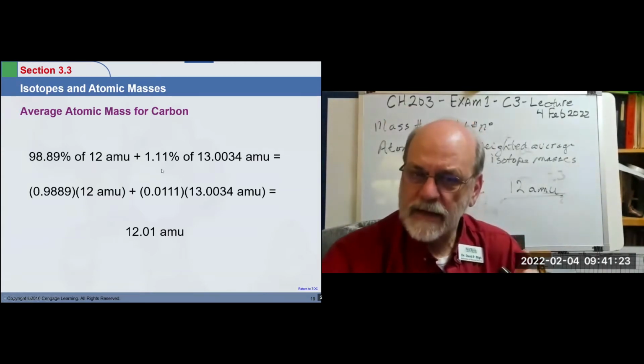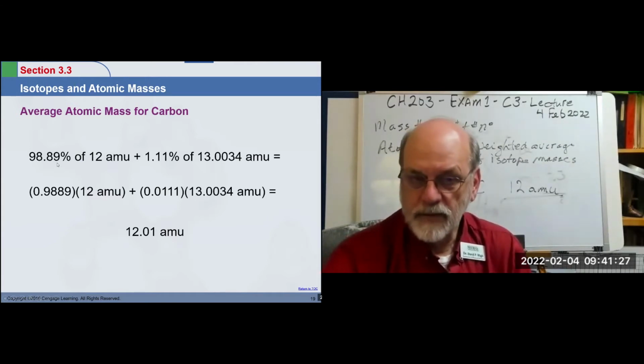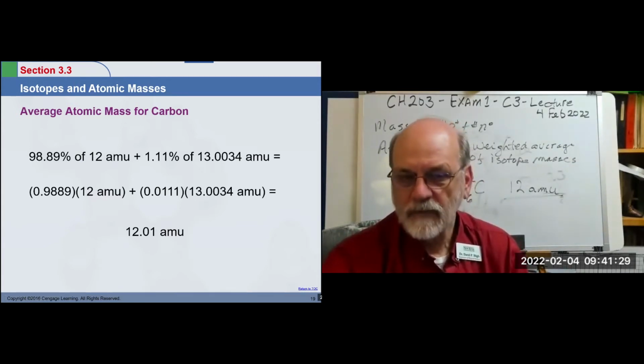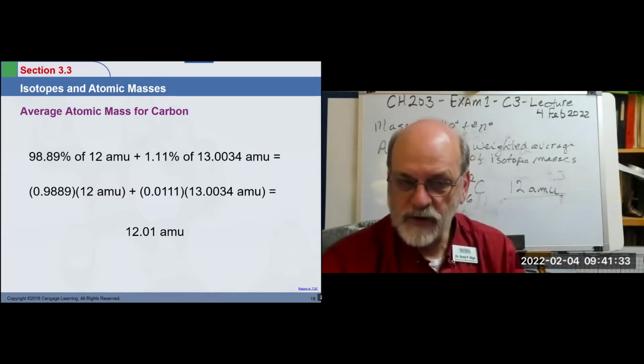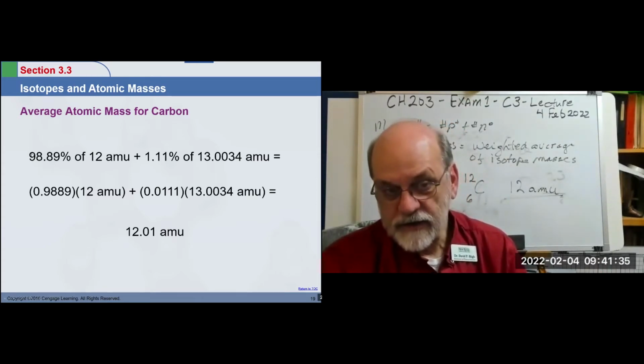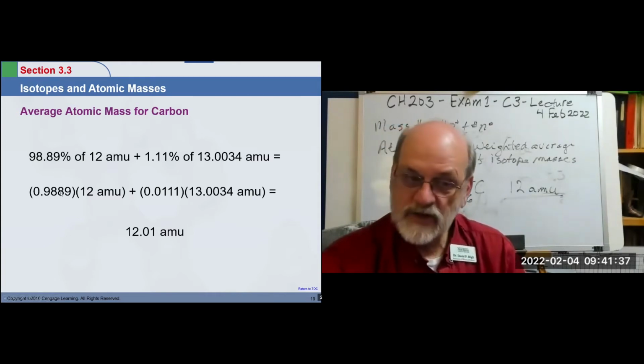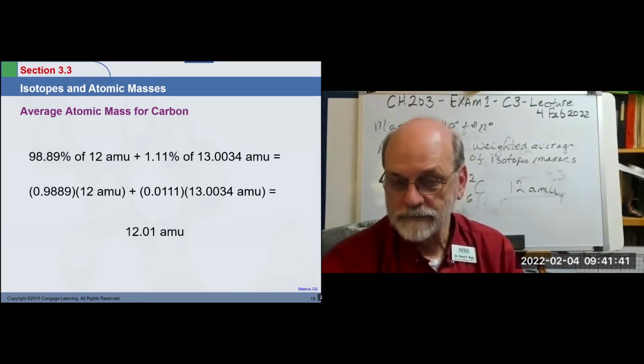The next trick is to recognize that percent means nothing. Percent is a dimensionless number. What we need is the fractional amount of contribution. So that's why this 98.89 has been changed to 0.9889. That's the fraction of the whole.